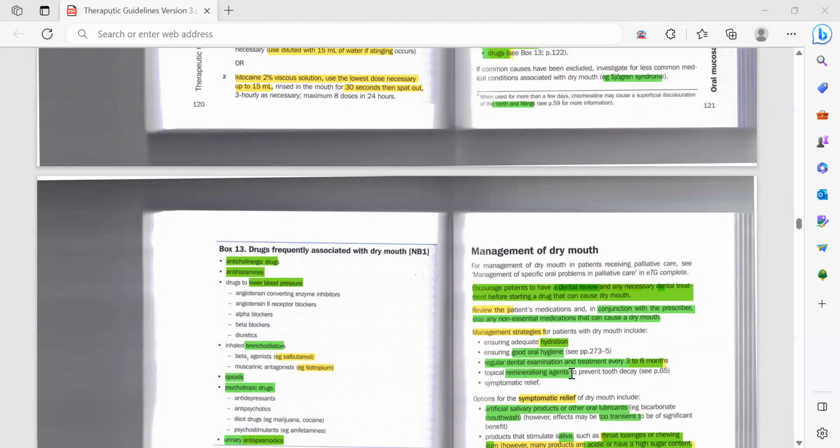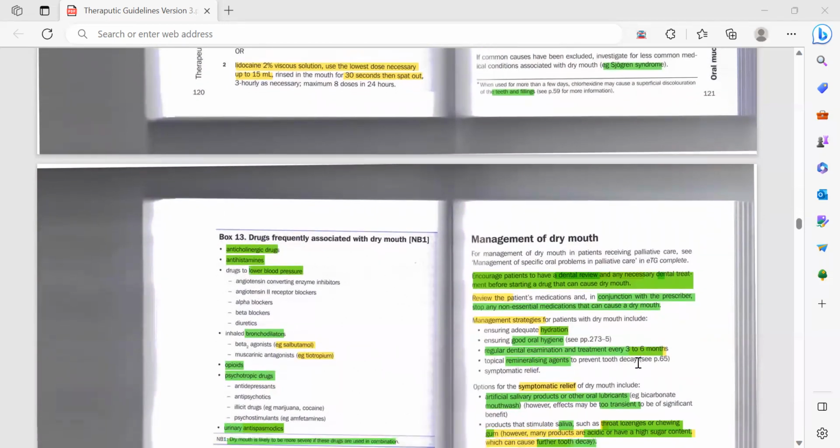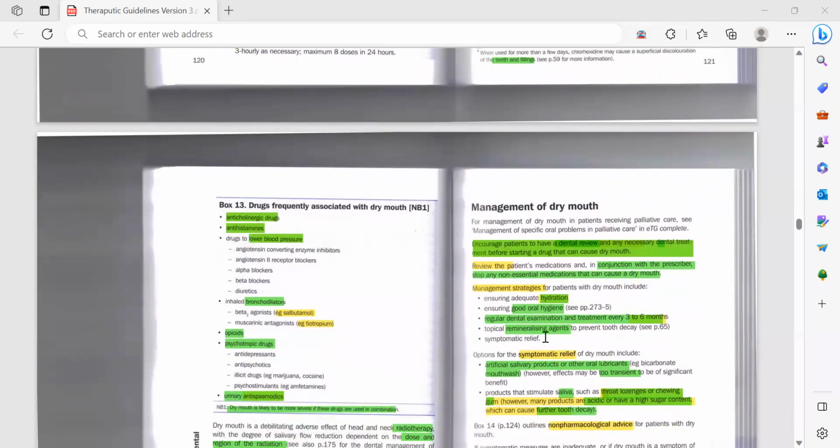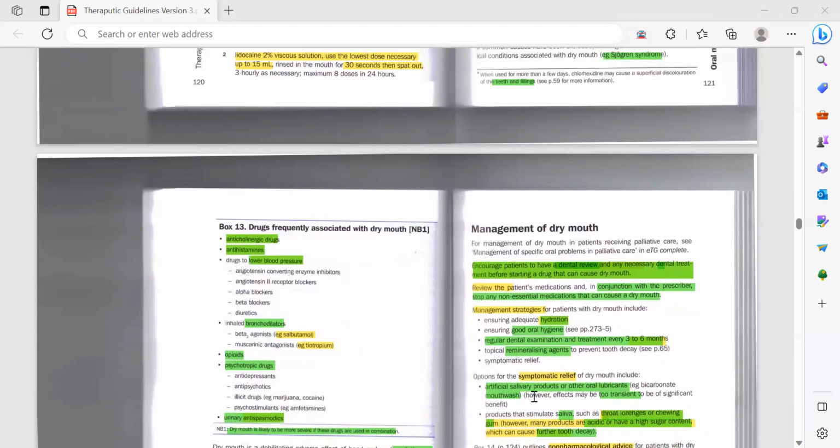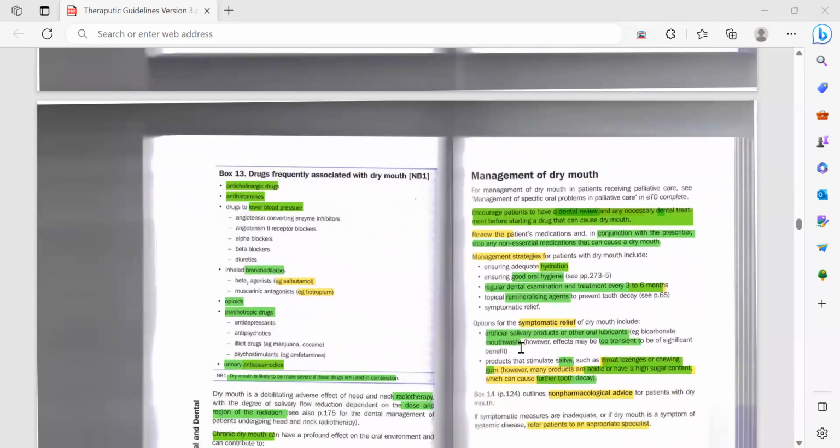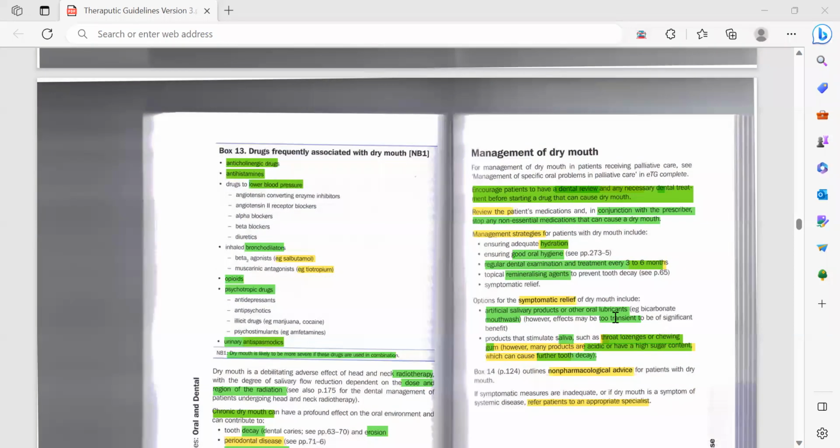Then topical remineralizing agents can help in preventing caries, and for symptomatic relief we can prescribe some artificial salivary products or other oral lubricants, such as bicarbonate mouthwash. However, their effects may be too transient to be of significant benefit.